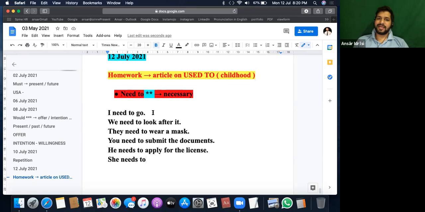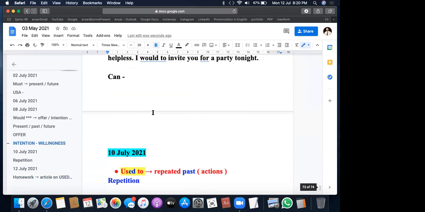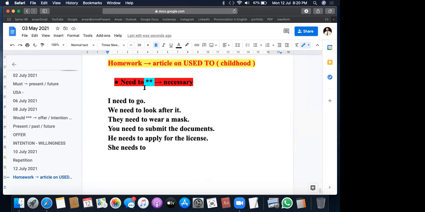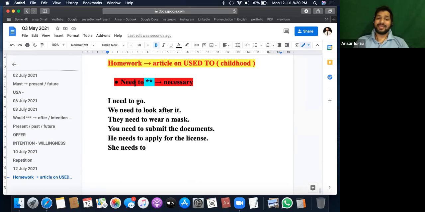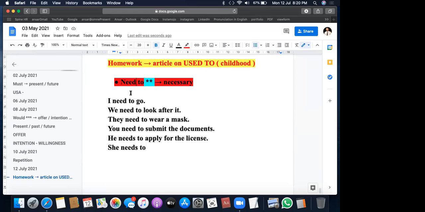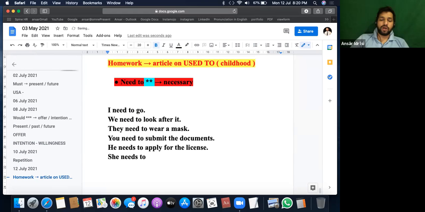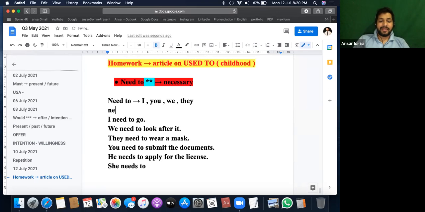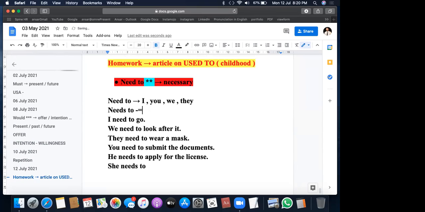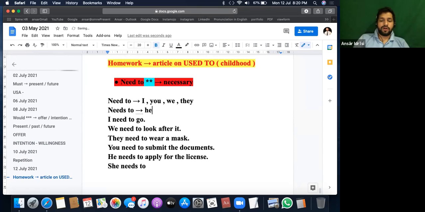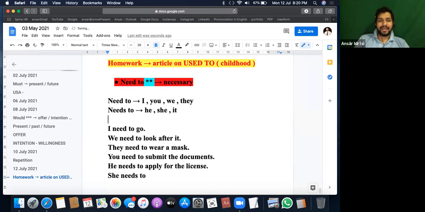Have to कुछ याद आ रहा है? प्रैक्टिस किया था कि नहीं? So same case here also we are going to use. अब यहाँ पे need to है, needed नहीं है, need to है, तो ये प्रेजेंट वाला है. So we are going to have here the rule what? Need to for I, you, we and they, and needs to for he, she, it. We are going to use needs to for he, she and it.